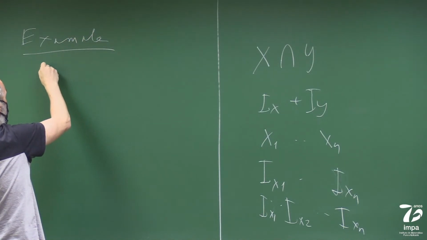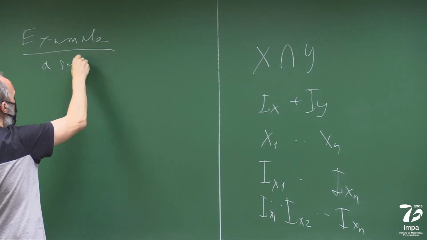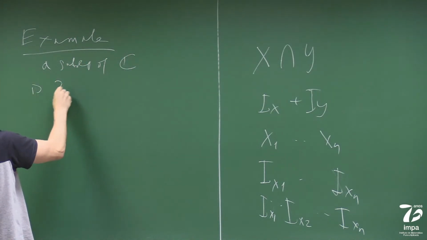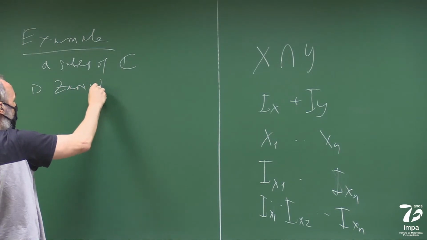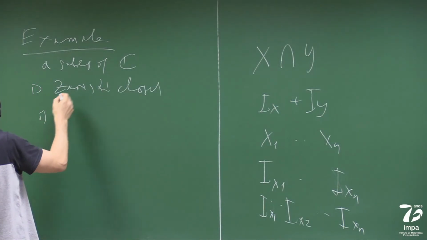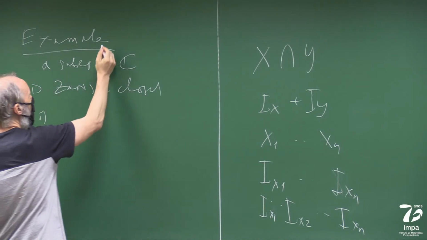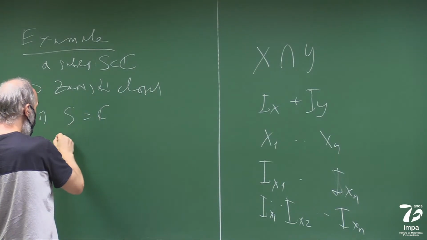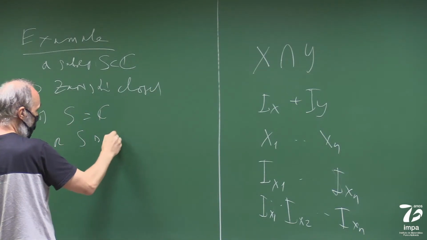So a subset S of C is Zariski closed if S is the whole C, or S is finite.